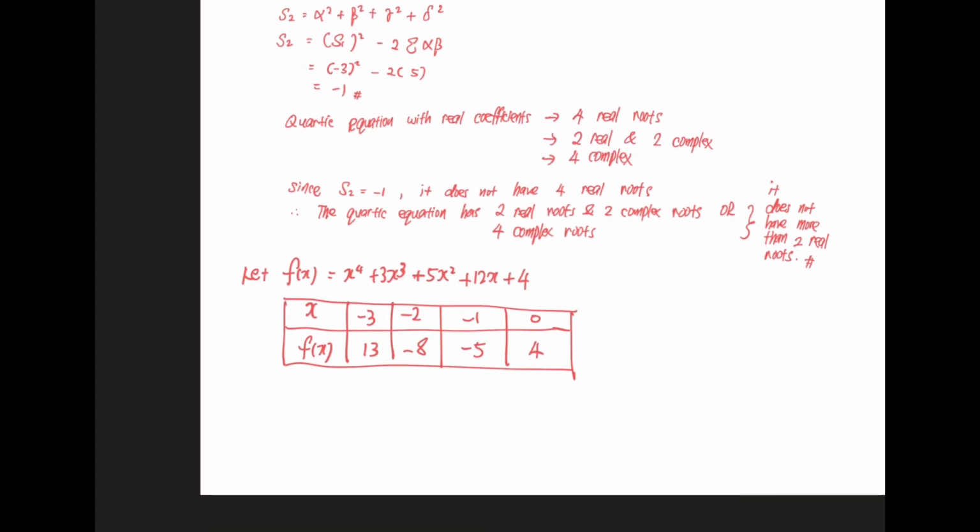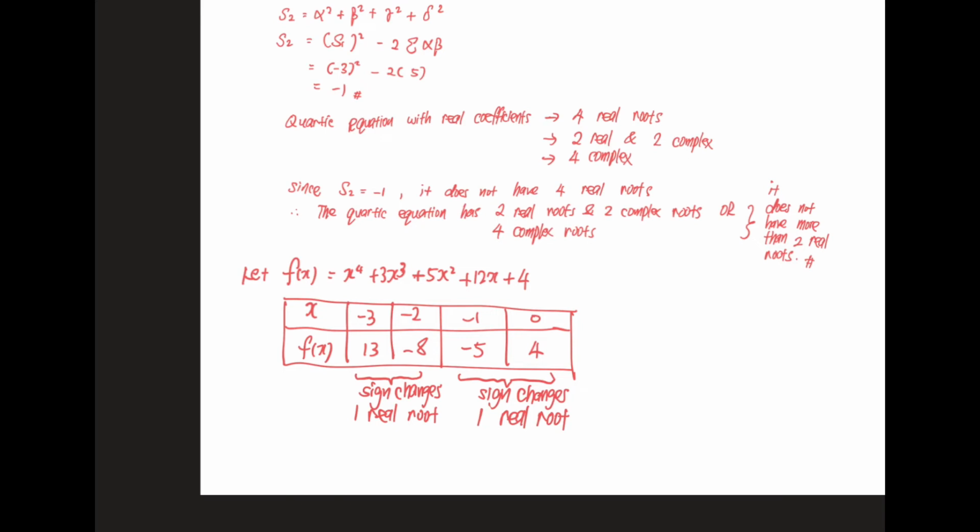So there is a sign change here, meaning that there is one real root. Again, there is a sign change here, meaning that there is one real root.